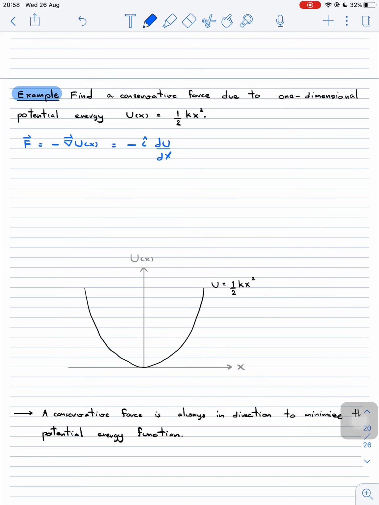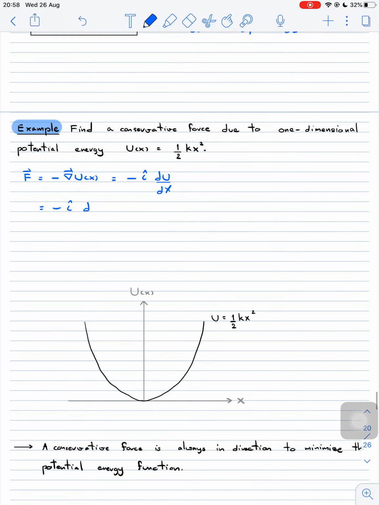So we have minus i and d by dx of 1/2 k x squared.